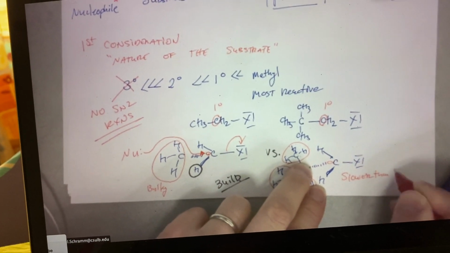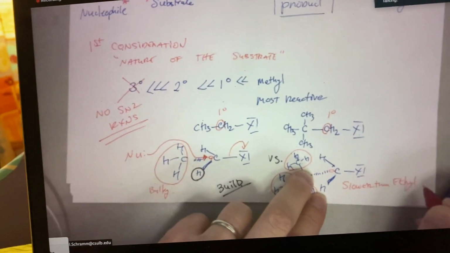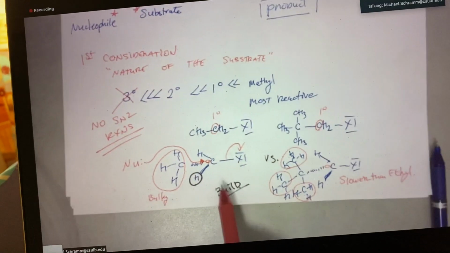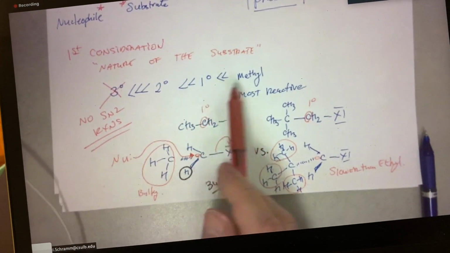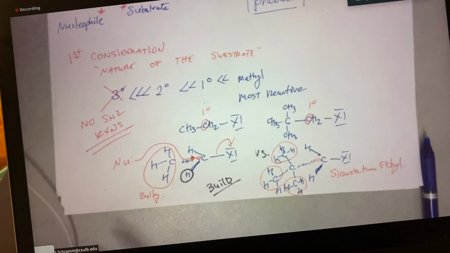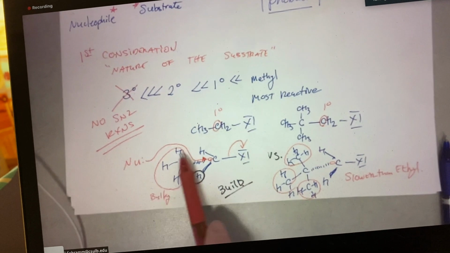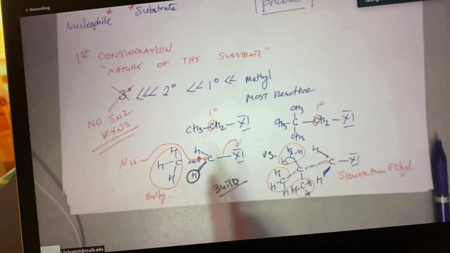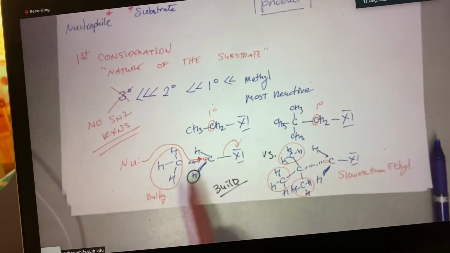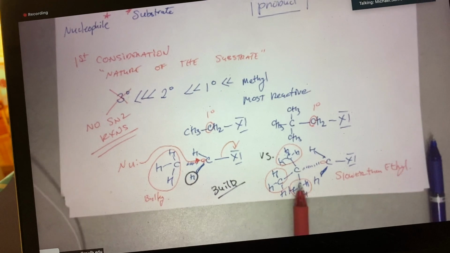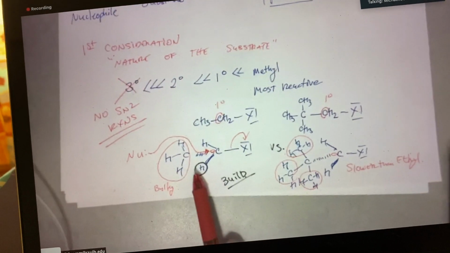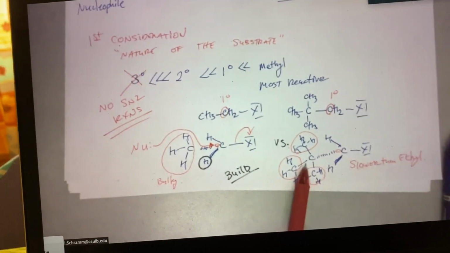For the same reasons that ethyl is better than a secondary one, or methyl, it sits right here between methyl and secondary because of some steric bulk. But even amongst primary substrates, there is variation. And again, if we put more bulk in, we would predict that this one would be slower than this one, even though they're both primary.